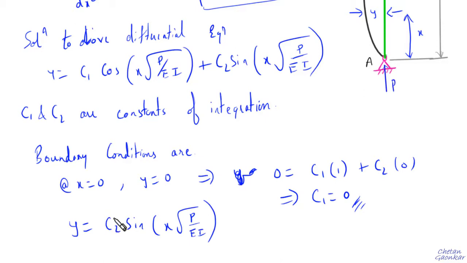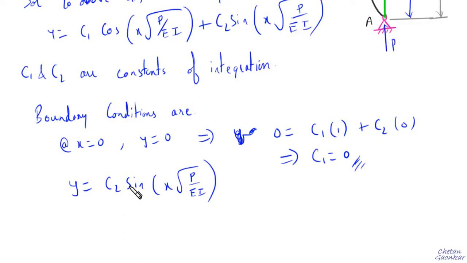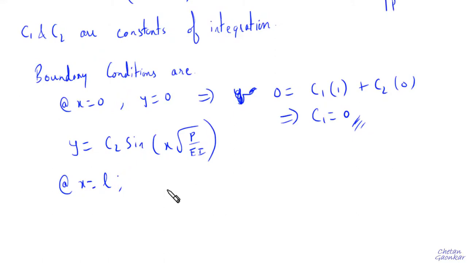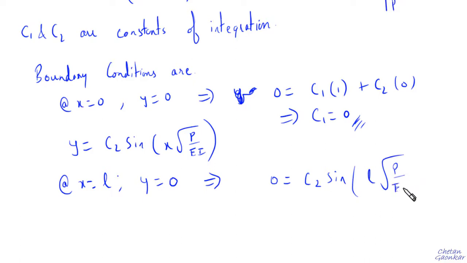But there is still the second constant of integration, C2, and the way we will evaluate it is by taking the help of the second boundary condition, that is at x equal to L. Observe what happens when x is L. Again we have y as 0 at point B. So this should be equal to 0, equal to C2 times sine of L root of P divided by EI.